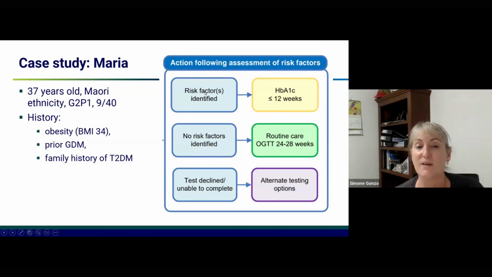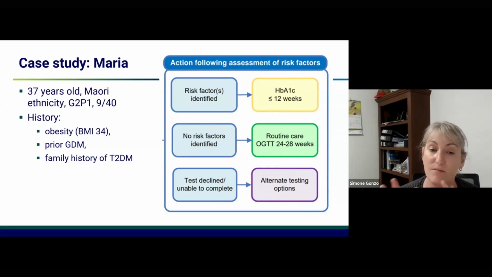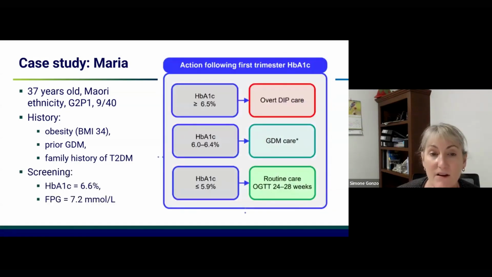So we should be doing a HbA1c with Maria if it's not already been done. We'd be doing that with her bloods, her screening bloods, one of the fasting bloods that we can get done quite easily. And from there, we can then stream her into low, medium, high risk, where we put her and treat her. So she's now had her HbA1c, and that's returned at 6.6, which puts her just into overt diabetes in pregnancy.